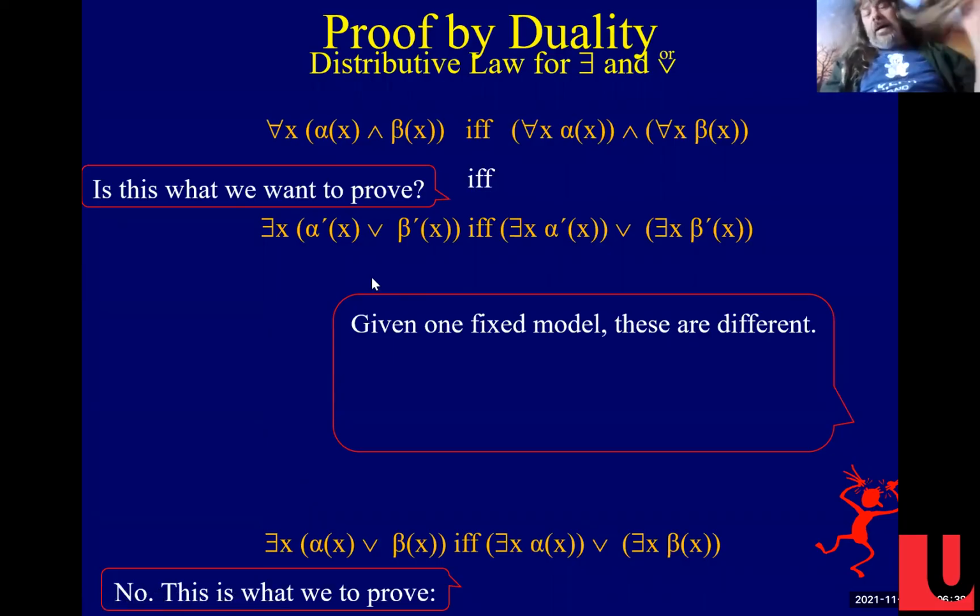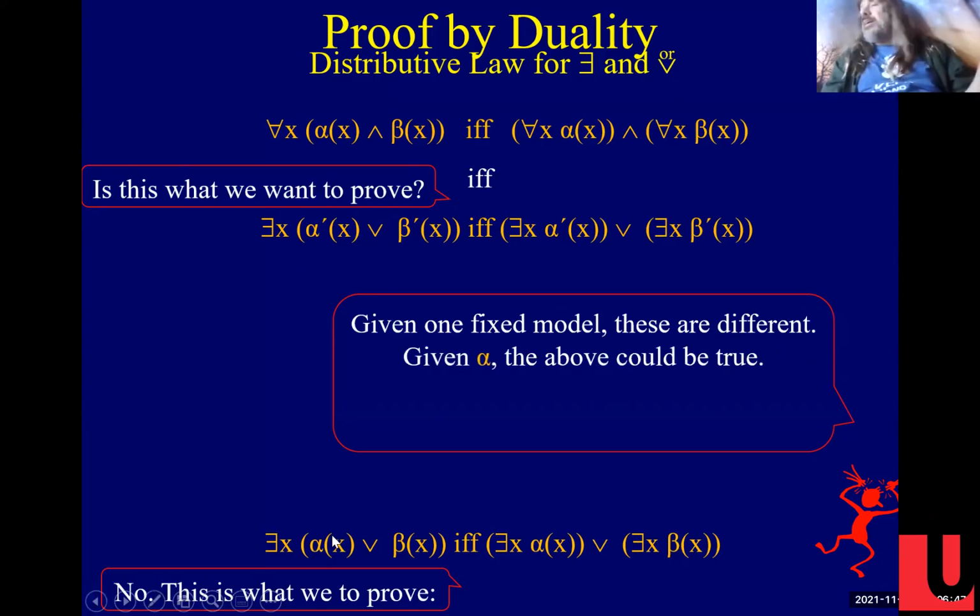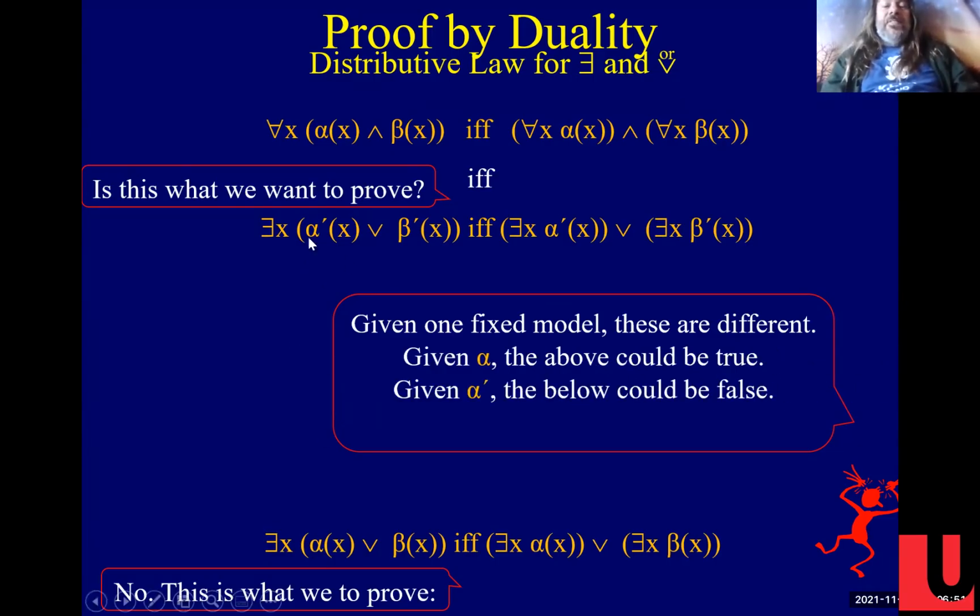One model is going to fix some relation alpha prime and could fix some alphas to be completely different relations. And in one, this first one might be true or false, and this one might be true or false, depending on various models, how you define alpha and alpha prime, right?